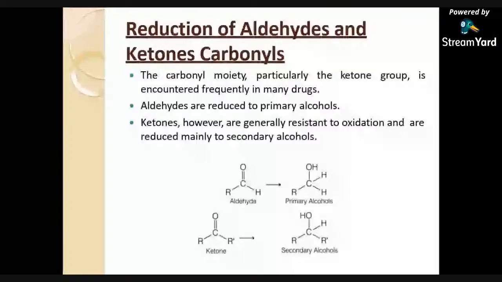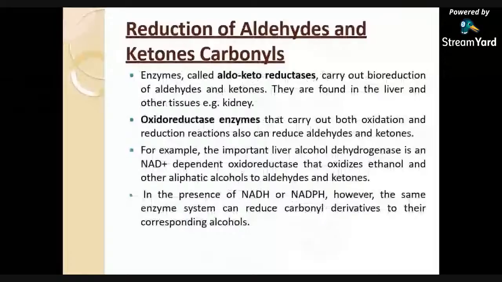Then the ketone is reduced into the secondary alcohol. Enzymes called aldo-keto reductases carry out bioreduction of aldehydes and ketones. They are found in the liver and other tissues, for example the kidney.